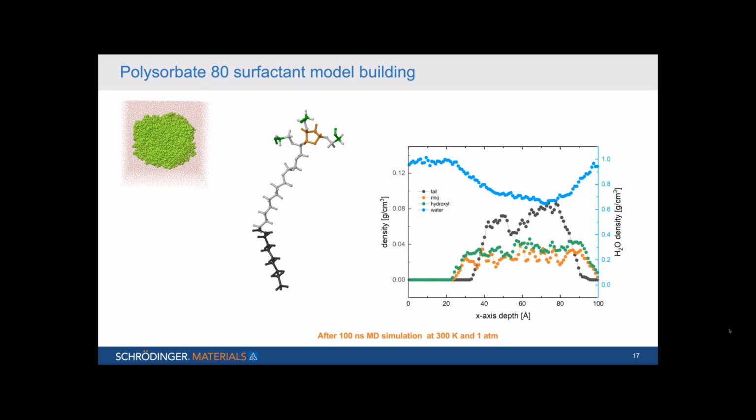But what if we wanted to break it down and look at, okay, I know they're phase separated, but is it orienting itself appropriately? Is the tail facing inward, is it a reverse micelle or a normal micelle? Now I can look at the ring structure, or some of the terminal hydroxyl groups, or the hydrocarbon tail, and look at the density distribution here.